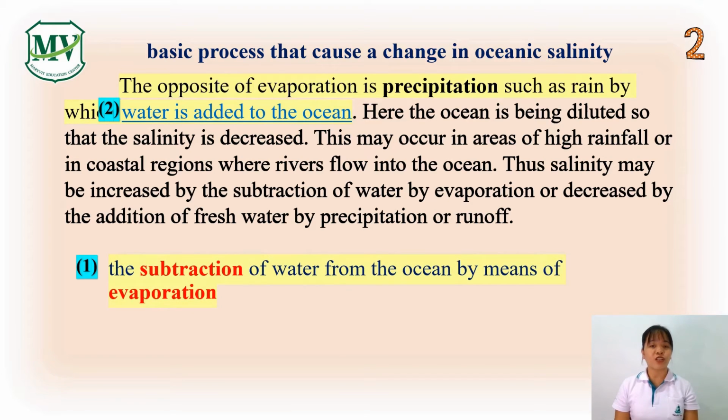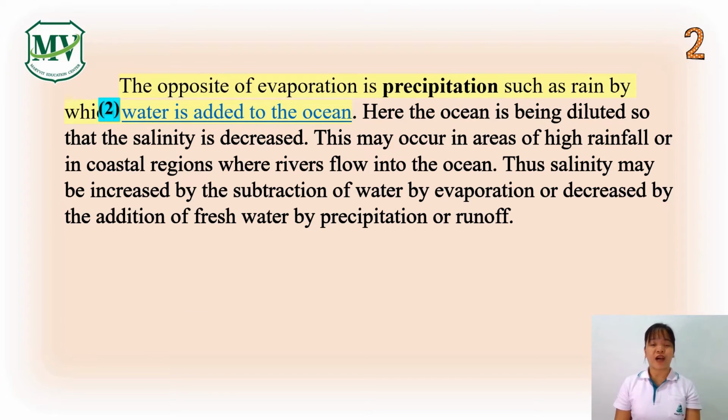Yes, the subtraction of water from the ocean by means of evaporation. And that's the reason why evaporation is the opposite of precipitation. Because 1 is a subtraction of water, while 2 is the addition of water to the ocean.